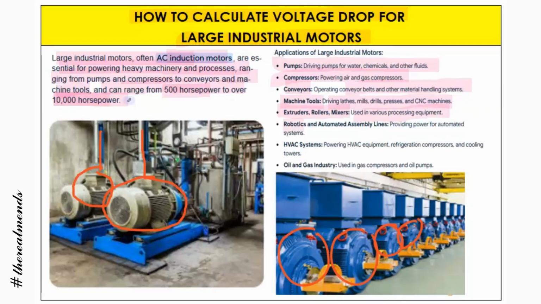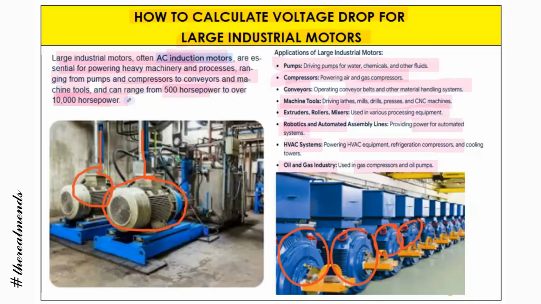As robotics, so providing automated system. For HVAC systems, equipment, refrigeration, compressors, and cooling towers. For oil and gas industry, used in gas compressors and oil pumps. So malaki yung scope nitong large industrial motors.